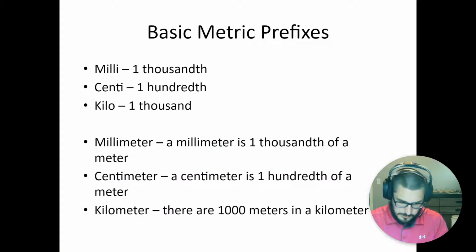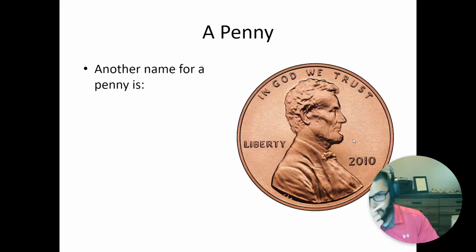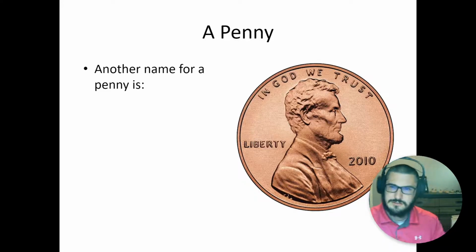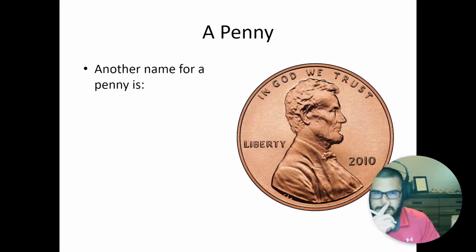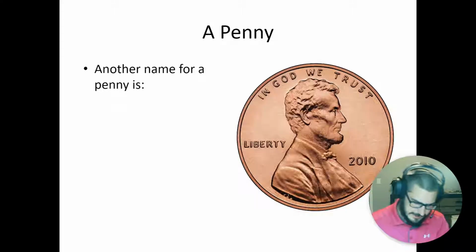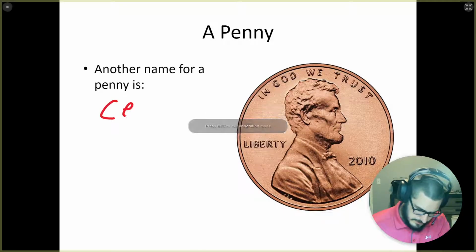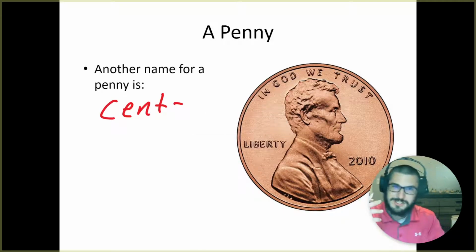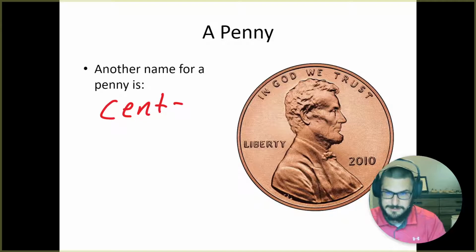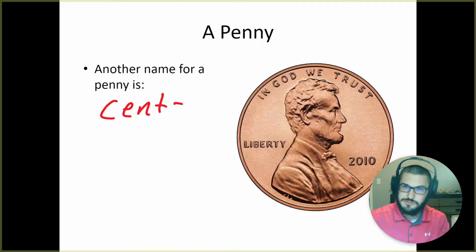Okay, so with that, if we are looking at a penny, what's another word for a penny? You have a single penny. It's a cent, right? A cent. So the way I remember centi is 100 is because cent is the same thing that we use for a penny.